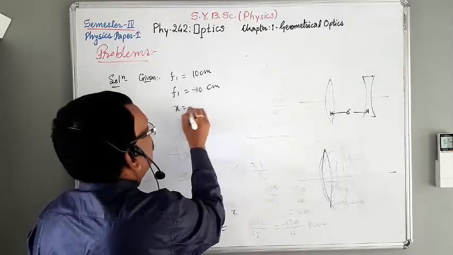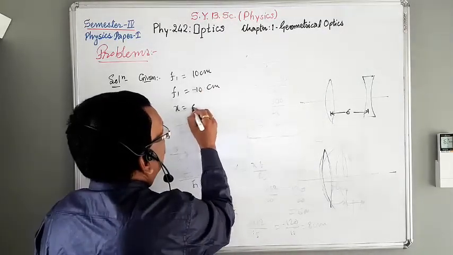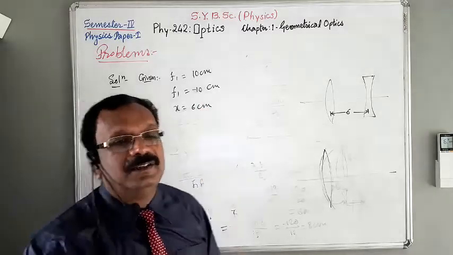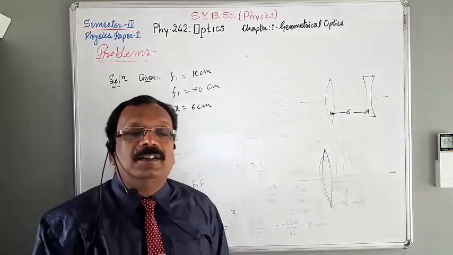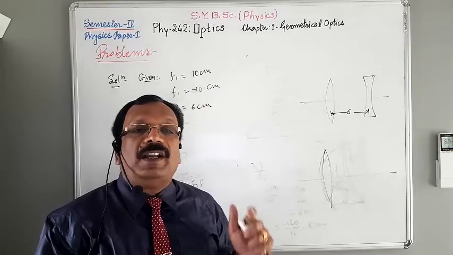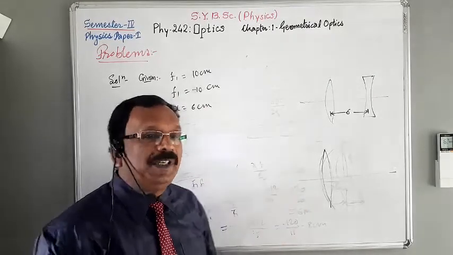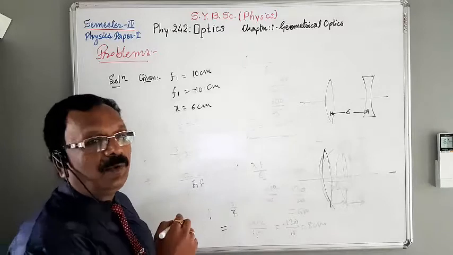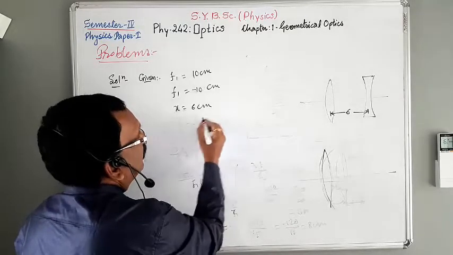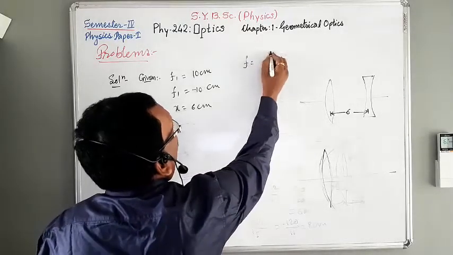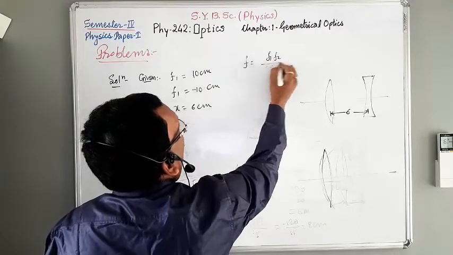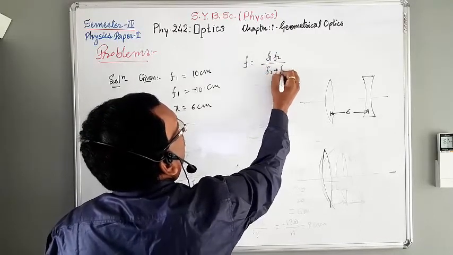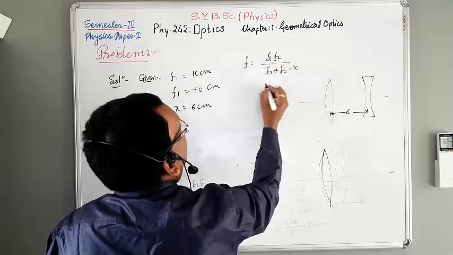The distance of separation x is equal to 6 centimeters. Now here we have to find the equivalent focal length and then the position of principal points. So what will be the focal length? F is equal to f1 f2 upon f1 plus f2 minus x.